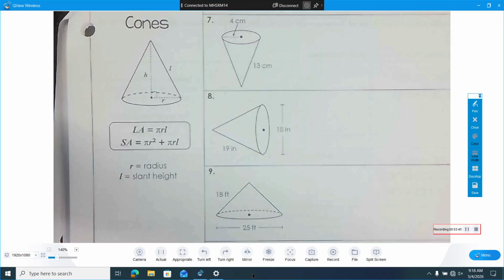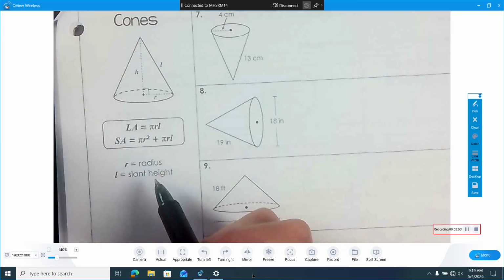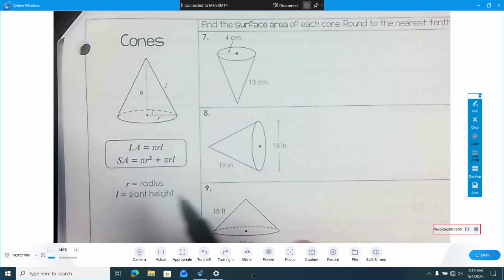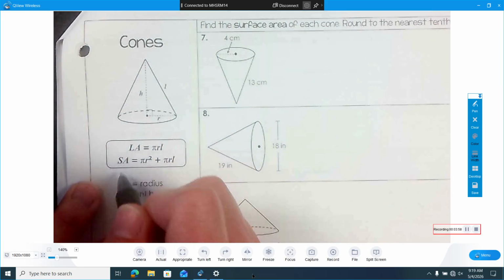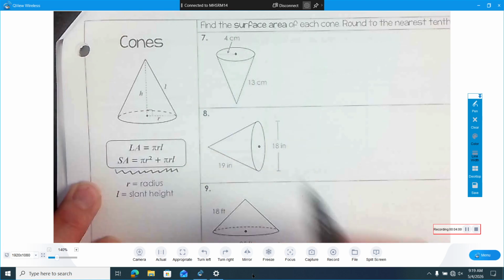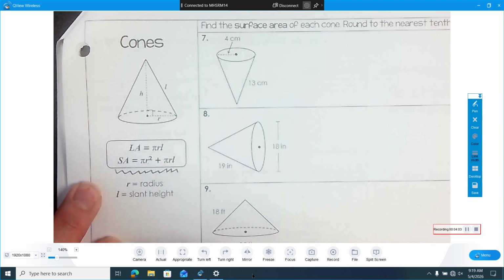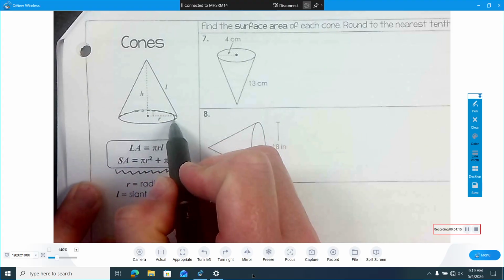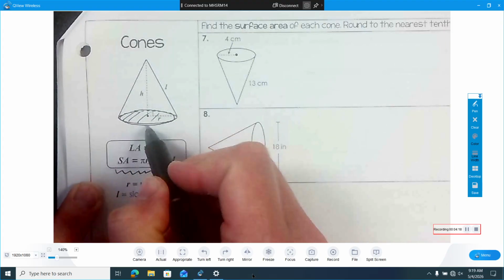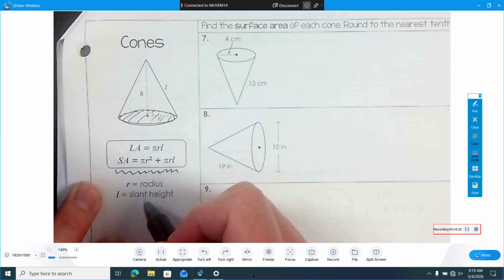So we do want to learn about cones and the surface area of cones. I do this in geometry where I derive the formula, but for you guys, I'm just going to give you the formula. Here's your surface area formula. Pi r squared. Well, what's pi r squared? Pi times radius squared. What does it represent? The area of a circle, the base here.